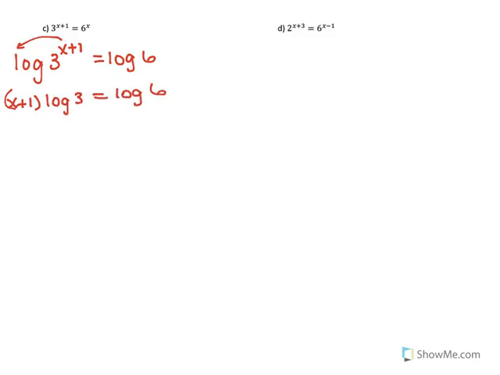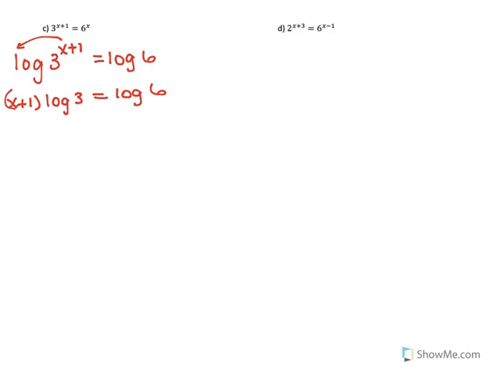Okay, we have 3 to the power of x plus 1 equals 6 to the power of x. So the only way we can do this one is by taking the logarithm of both sides. So I'm going to take the log of 3 to the x plus 1, and I'm going to take the log of 6 to the x. And I'm going to bring that x plus 1 in front. So I have x plus 1 log 3 equals log 6.